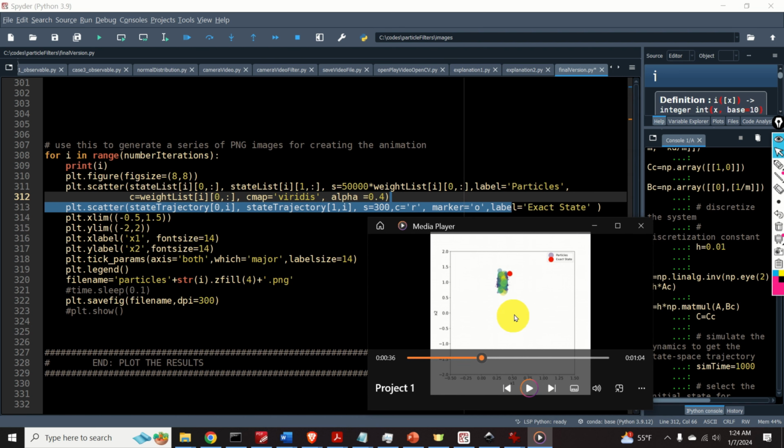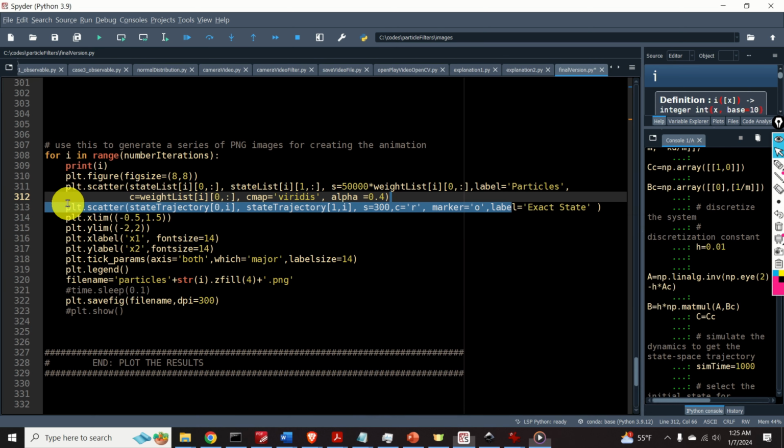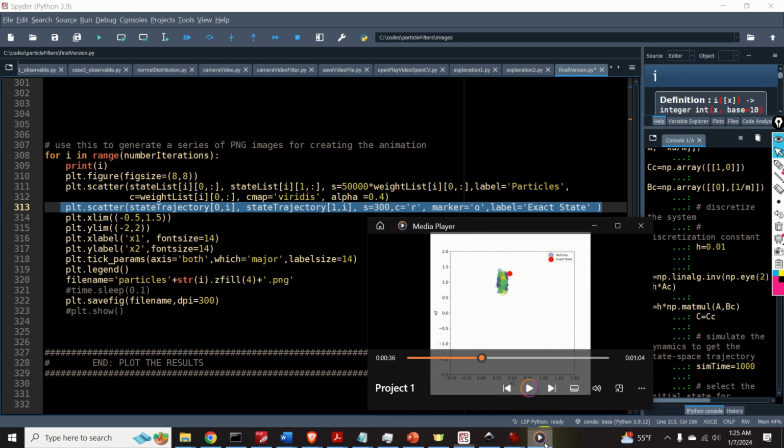If we freeze this animation, we will actually obtain a single PNG image. And this PNG image is generated by using a single iteration of this for loop. We use the scatter plot to generate these circles. This code line is used to generate the red circle. That is, it's used to generate the true state.